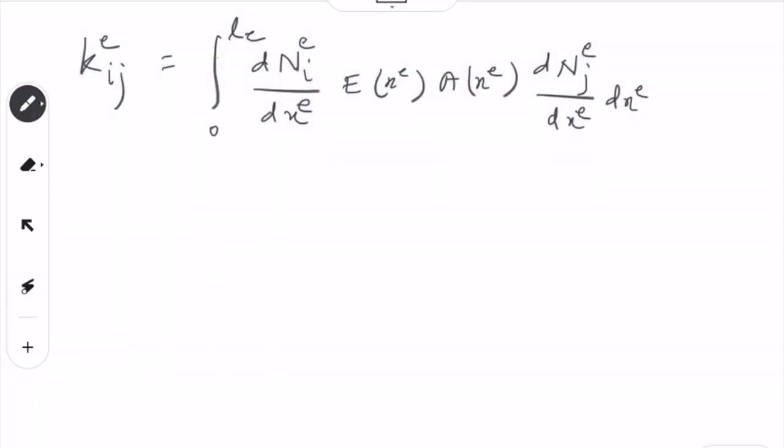So, f1 is nothing but f due to the first element at node 1. f2 will be equal to f due to the first element at node 2 plus f due to the second element at node 1 of that element.